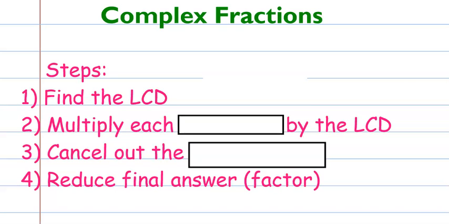I hate starting with rules, but we'll just briefly go over them and then we'll refer back to them if we need to. So the steps are to find the LCD, the least common denominator, out of all the denominators, there are several sometimes. And then you want to multiply each of the numerators by that LCD. As long as we are doing it to the top and bottom of the main fraction, which involves really multiplying every single top of every fraction by that same number, then we usually can cancel things out.